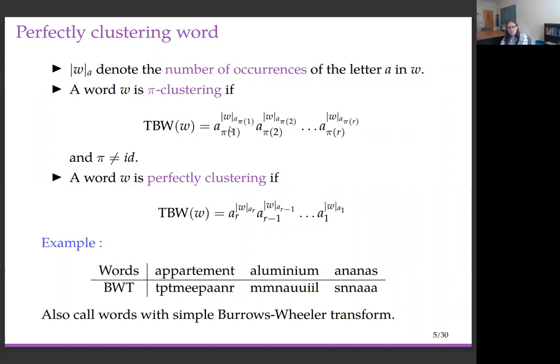So each occurrence of a letter will be in a block, and the order will be determined by some permutation pi. Just note that pi cannot be the identity, and this is just because of the way you define the lexicographic order. If the word ends with the smallest letter, it means that it is not the smallest conjugate. So it is impossible to have the identity permutation.